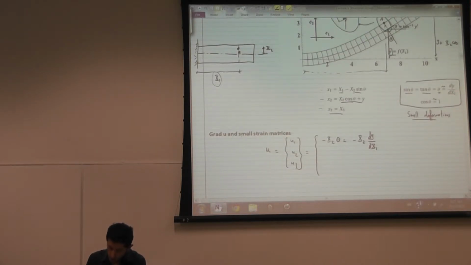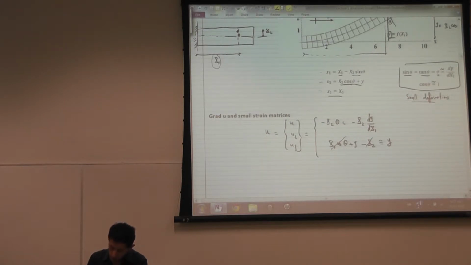The horizontal displacement is equal to negative x2 dy by dx. Sorry, the vertical displacement is x2 cosine theta plus y minus x2, which, because cosine theta is almost equal to 1, this will cancel this. I'm going to be left with y.